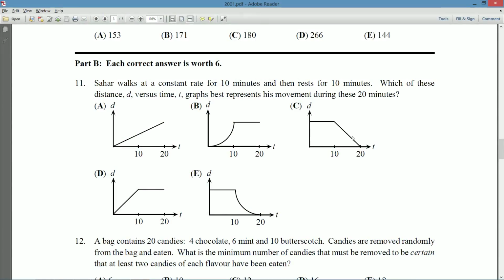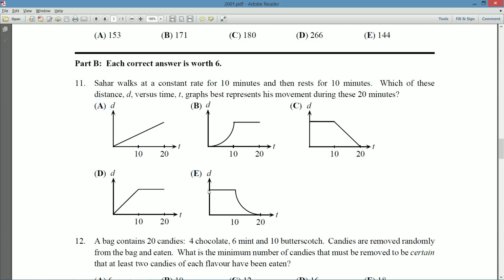It's flatlined earlier, so indeed they would have been resting for 10 minutes and then started moving in some way. A, no, we don't have any flat line between 10 and 20. D, we do. We absolutely do. So D is possibly the graph. So D and B, these are potential graphs.